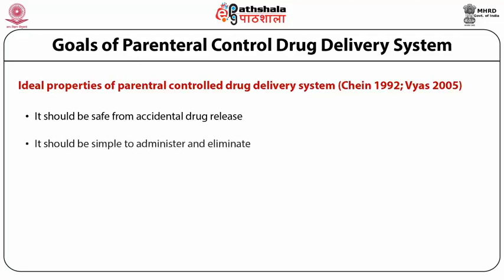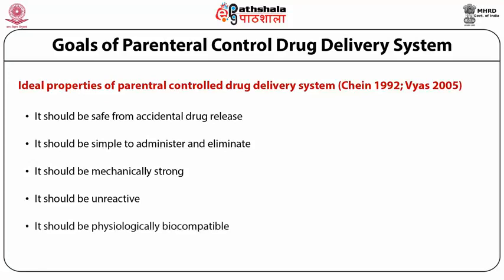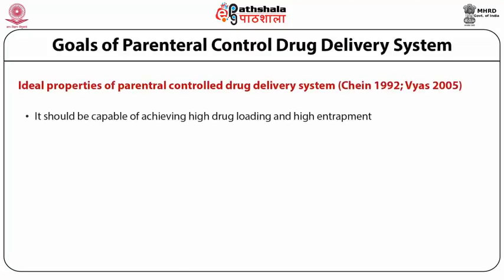Number two, it should be simple to administer and eliminate. Next, it should be mechanically strong and unreactive. Of course, it has to be physiologically biocompatible. The comfort level of the patient should not be compromised, it should be as comfortable as possible, and it should be capable of achieving high drug loading and high entrapment.